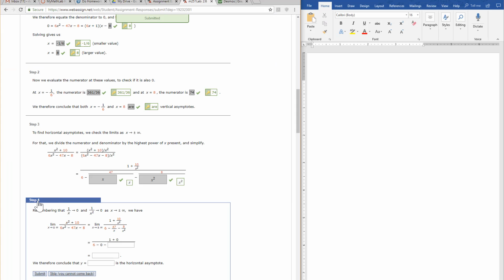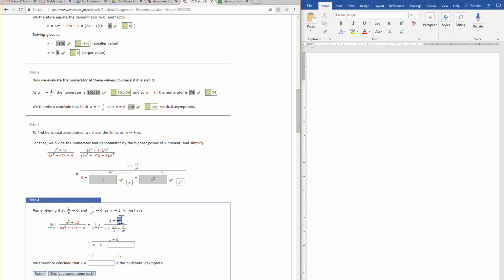By breaking up the polynomials this way, what we can do is take the limit as x approaches infinity, sorry. When x goes to infinity, then 1 over infinity is going to go to 0, and same thing with infinity squared, which is infinity, and that's also going to go to 0. And so that is going to enable us to take the limit as x goes off to infinity and let these things disappear.